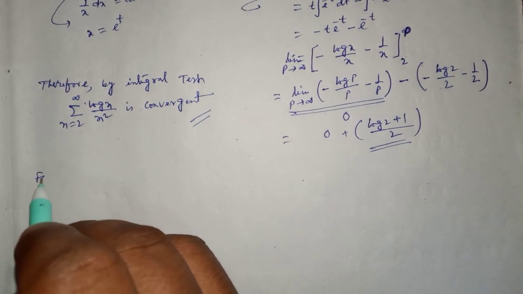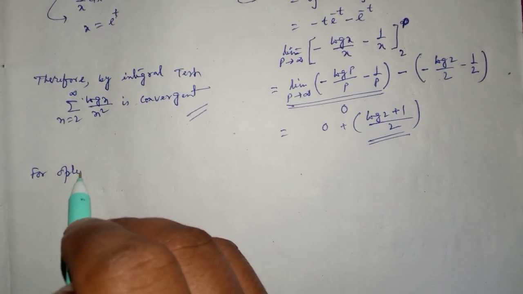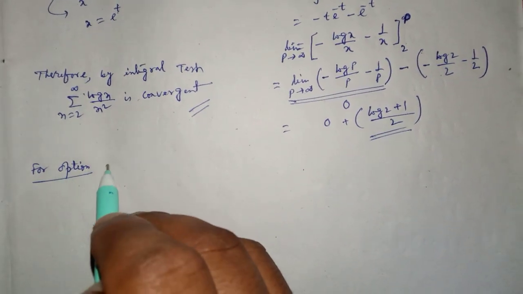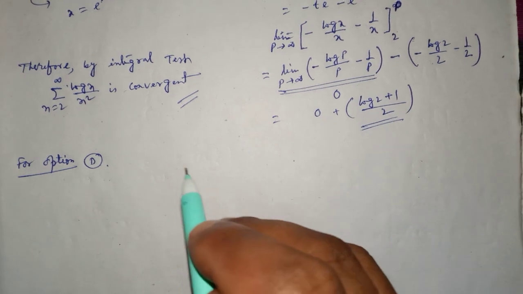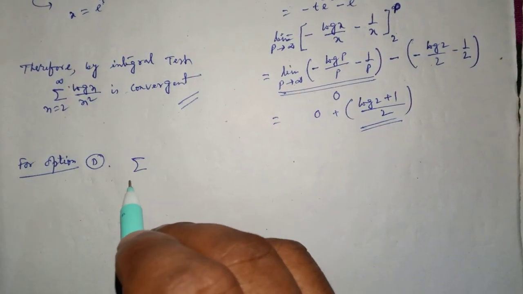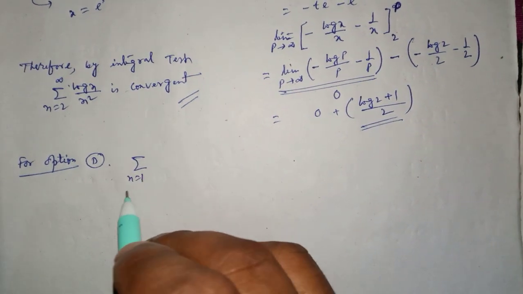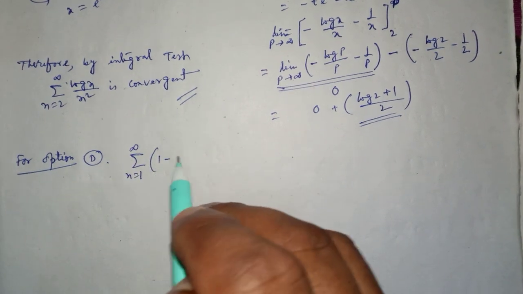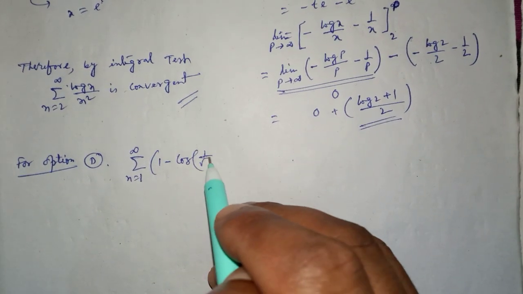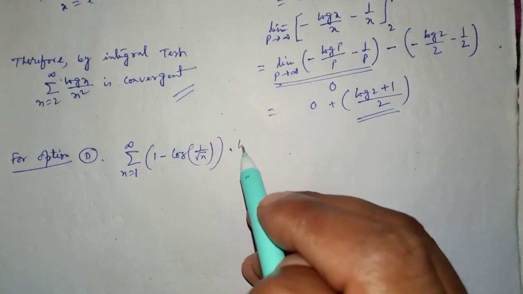For option D, it is similar to option B, because summation n equal to 1 to infinity of 1 minus cos of 1 by root n into log n.